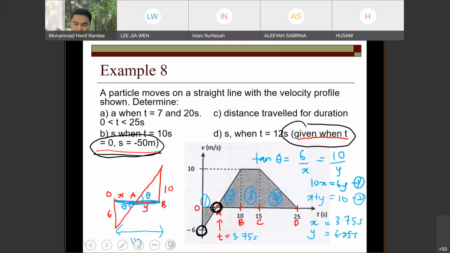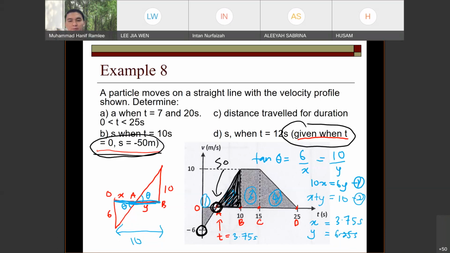What is the initial displacement at A? S naught for this region? Anyone?